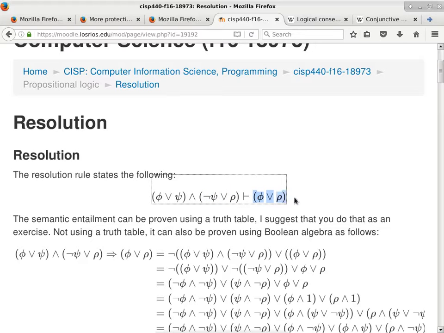We can infer that phi or rho is true. Do you guys have a question? Oh, okay, all right. So that's resolution.